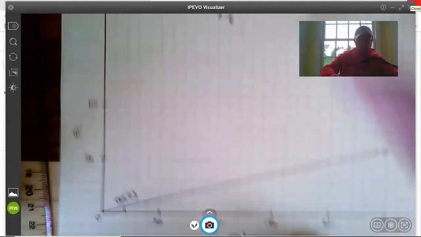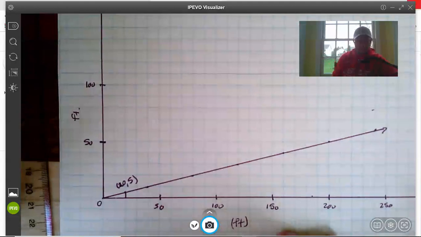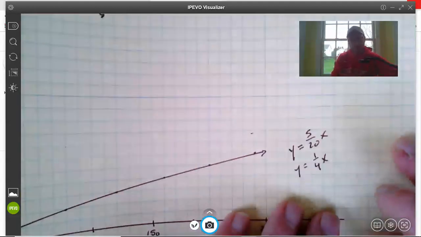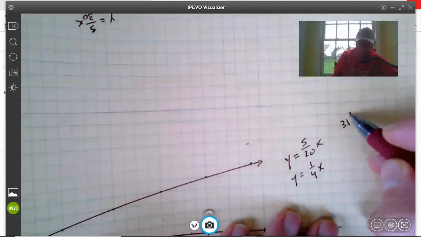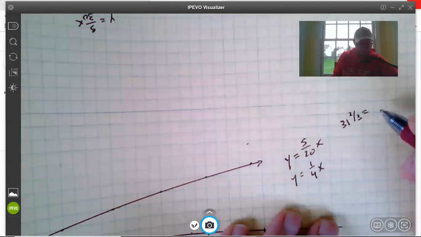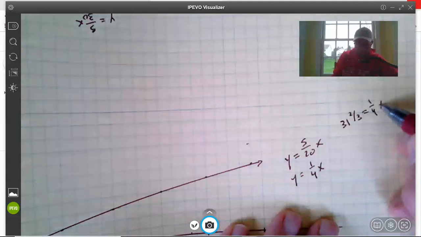And over here on this side, if the street lamp is the same height, so this equation is y equals 5 over 20 x, which is 1 over 4 x, and 31 and 2/3. So we have 31 and 2/3 equals 1/4 x.